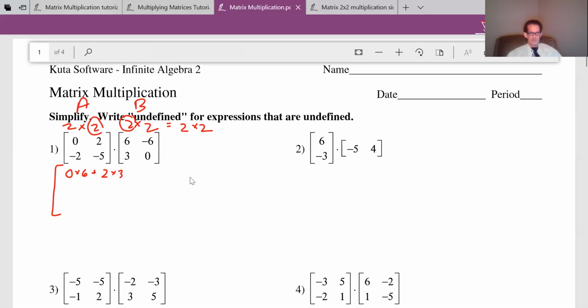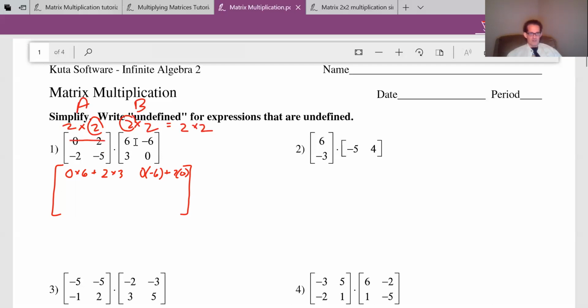I'm going to spread this way out. Okay, so here's the next column, 0 times -6 plus 2 times 0. Okay? So this row right here is done.